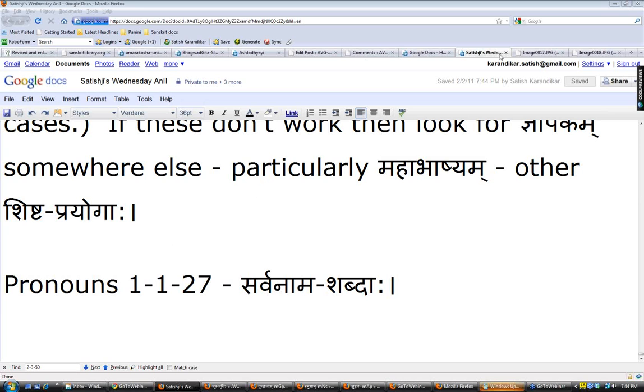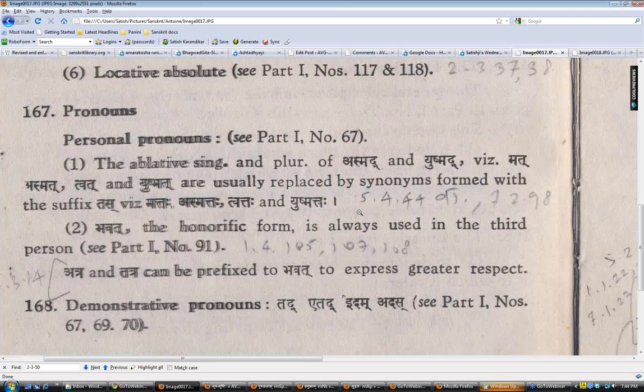Okay, so now let us go to the book and see what he is talking about. This is the point Vasu was just making about the ablative singular and plural of asmad and yushmad, which are mat, asmat, tvat and yushmat, which are usually replaced. So this is not a nitya karyam at all.